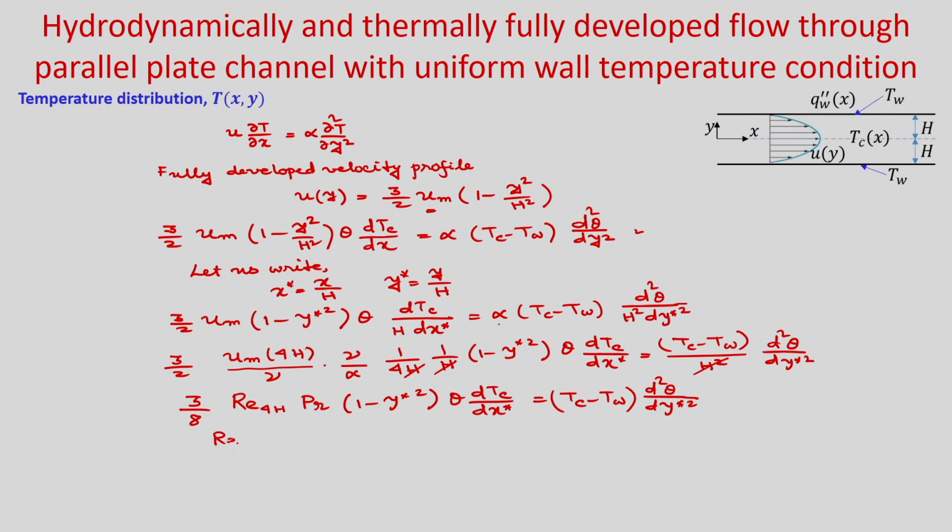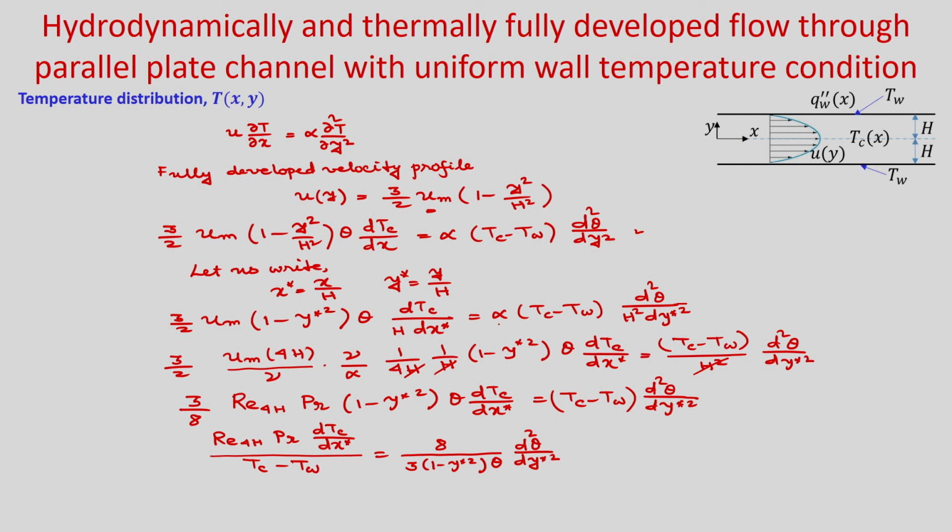If you do that, then we can write Re_4h Pr (dT_c/dx*) divided by (T_c - T_w) is equal to 8/3 (1 - y*²) times (1/θ) d²θ/dy*².